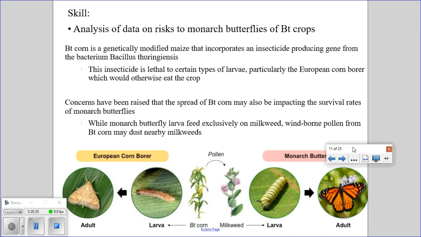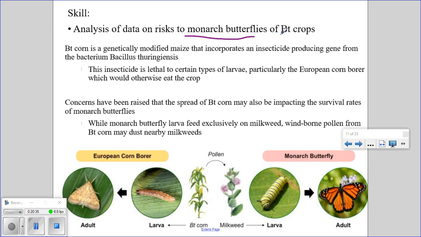So one of the things that you could be expected to do is analyze the data on risks to monarch butterflies from a genetically modified type of corn referred to as Bt corn. Now, Bt corn is a genetically modified maize that incorporates an insecticide produced from a particular bacteria.